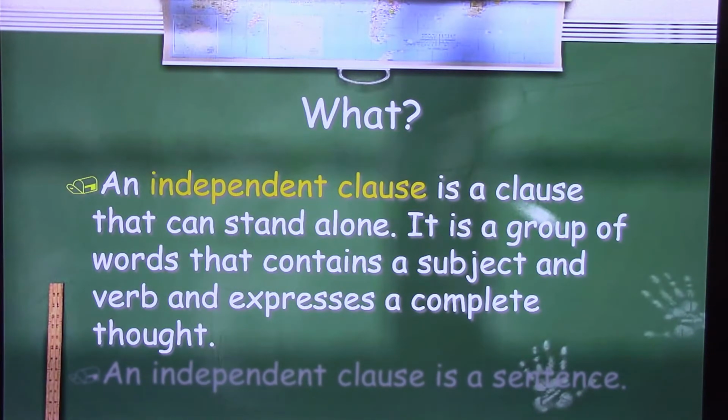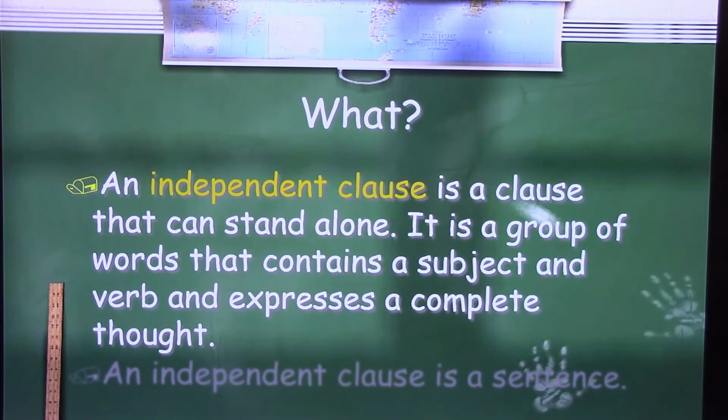An independent clause is a clause that can stand alone. What is a clause? It's a group of words. Now, this group of words, they can stand alone and give a meaning. It is a group of words that contain a subject and a verb and expresses a complete thought.